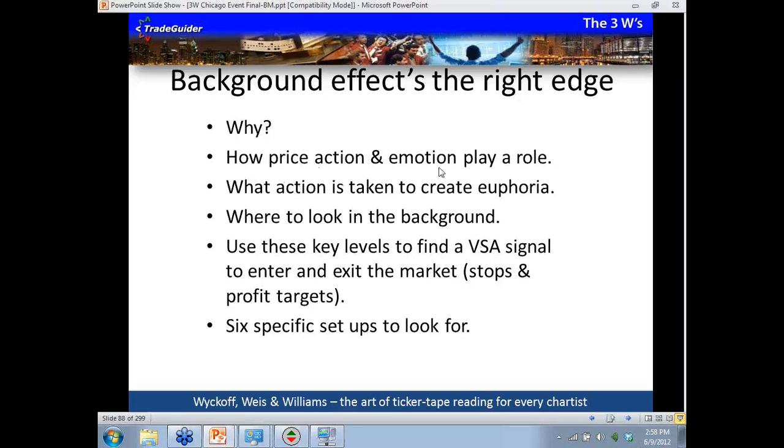So this is how price action and emotion play a role. We'll touch on that, and this will really elaborate on that. It'll help you use these key specific levels and then look for specific things that happen, specific setups along the way.